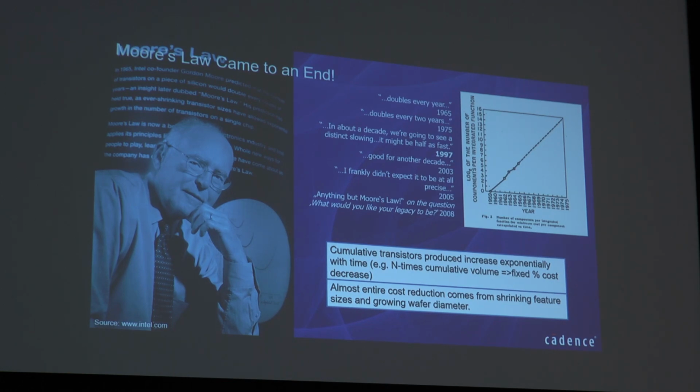He didn't say for how long, and he probably didn't expect it to last so long, but it became a kind of self-fulfilling prophecy that his law has to be fulfilled.